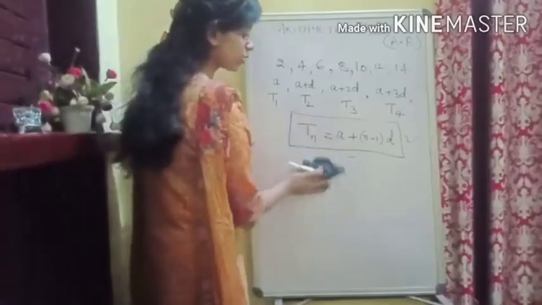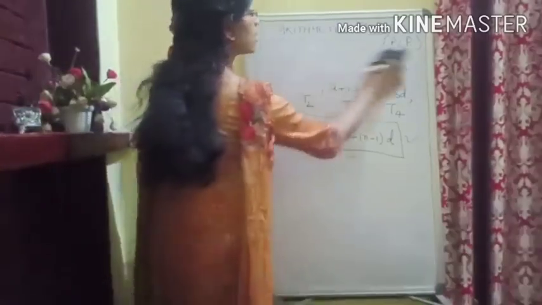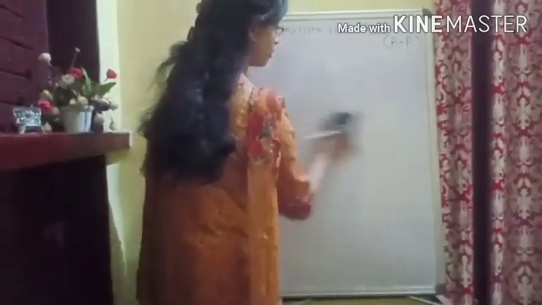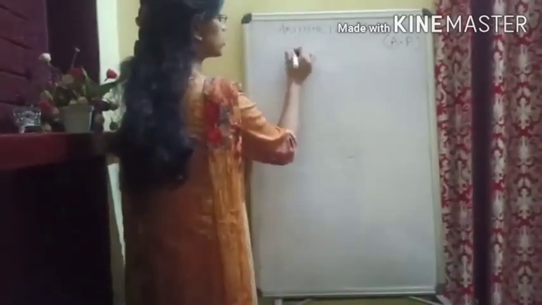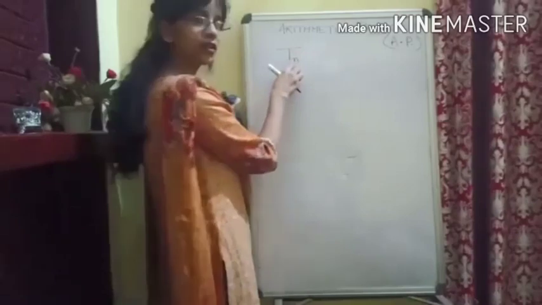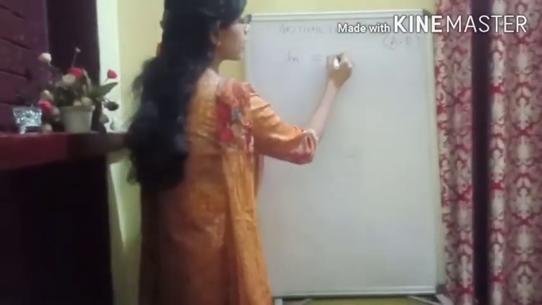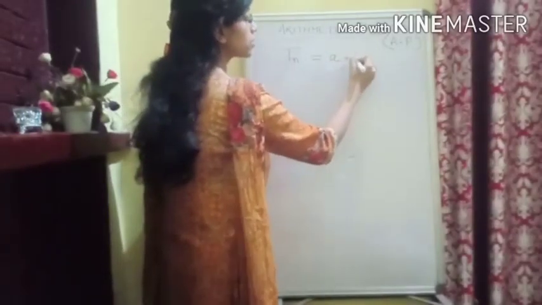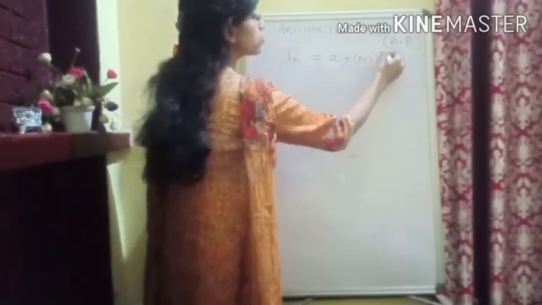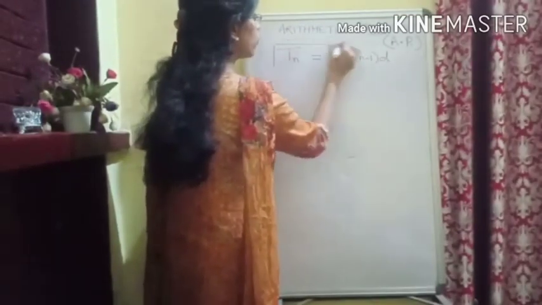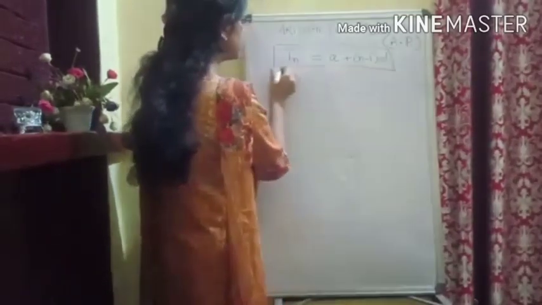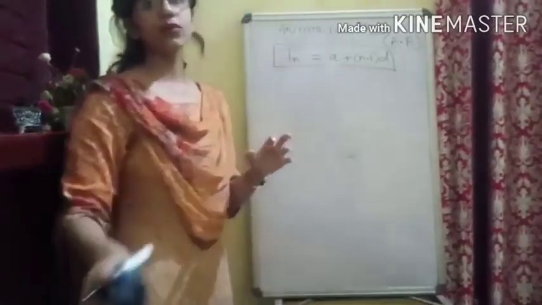I hope you are going to remember this, and I am going to write this formula here so that you can see the general term. This is called the general term, equals a, which is your first term, plus n minus 1 into d. d is your common difference. Is it clear? Okay. Now let's take some question.